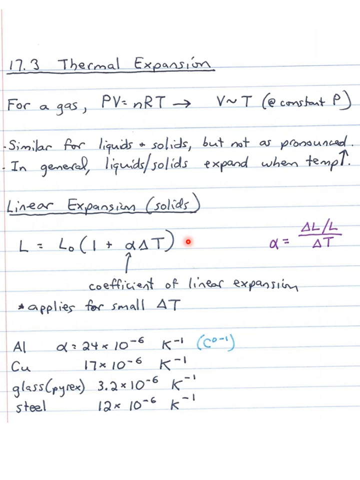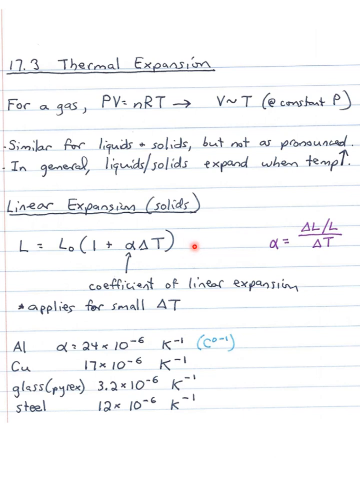And this version of the equation is more useful if you want to simply find what is that final length. The version on the right in purple might be more useful if you want to solve for delta L over L, just to know what the proportion of the change is. So you should be familiar with and be able to use both equations.